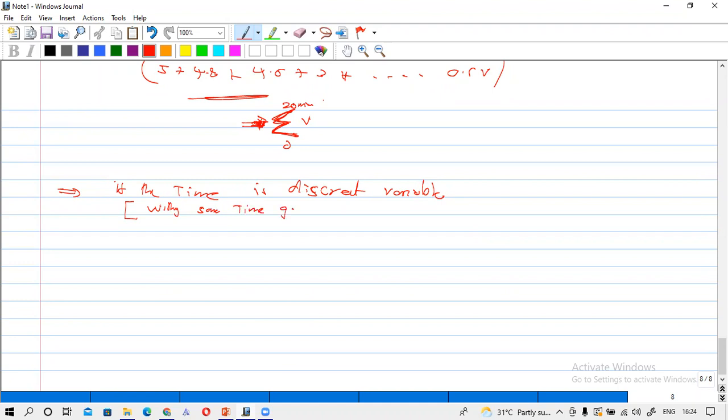Within some time gap, we have countable values. We have countable time values. So we call it a discrete variable, discrete time. So if the time is a discrete variable, we call this a discrete time signal.